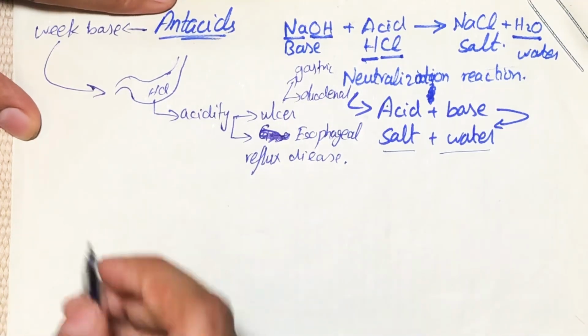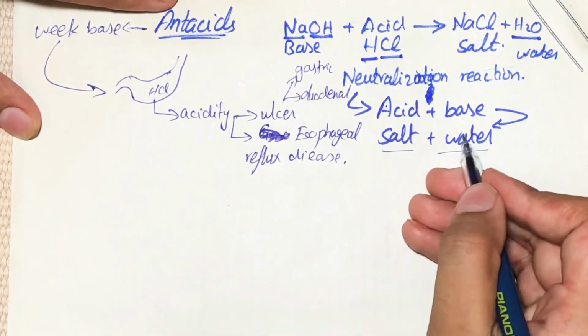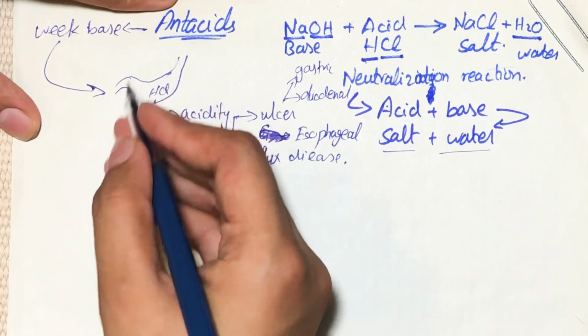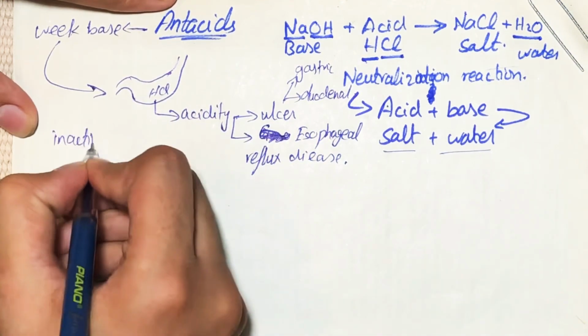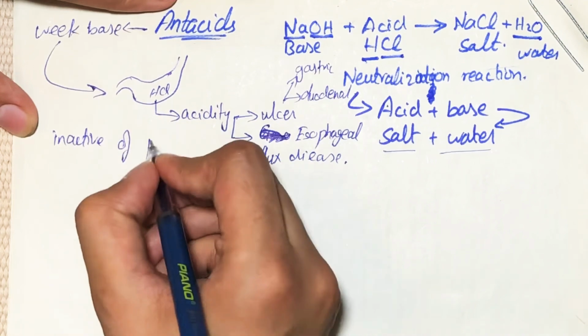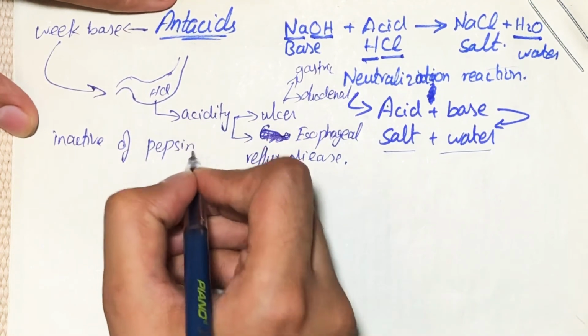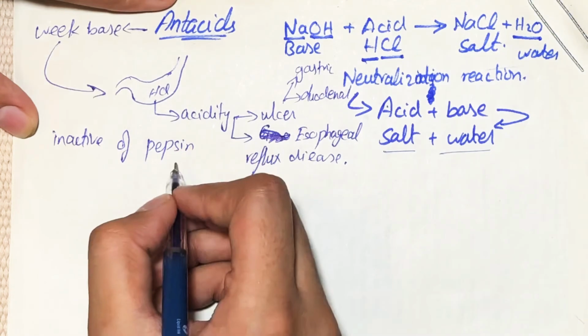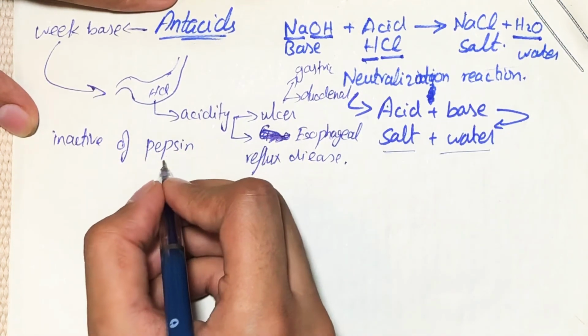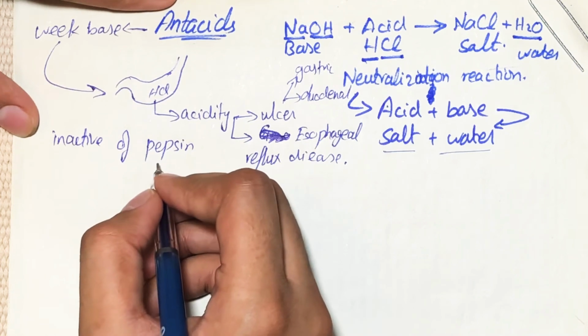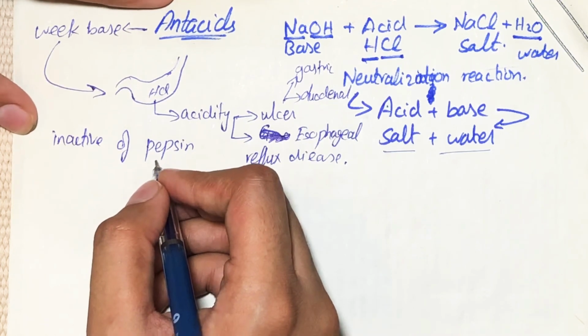By doing so, it not only neutralizes the acid present inside the stomach, but it also causes the inactivation of an enzyme called pepsin. This is a proteolytic enzyme which digests proteins, and it is activated in the presence of HCl from pepsinogen.